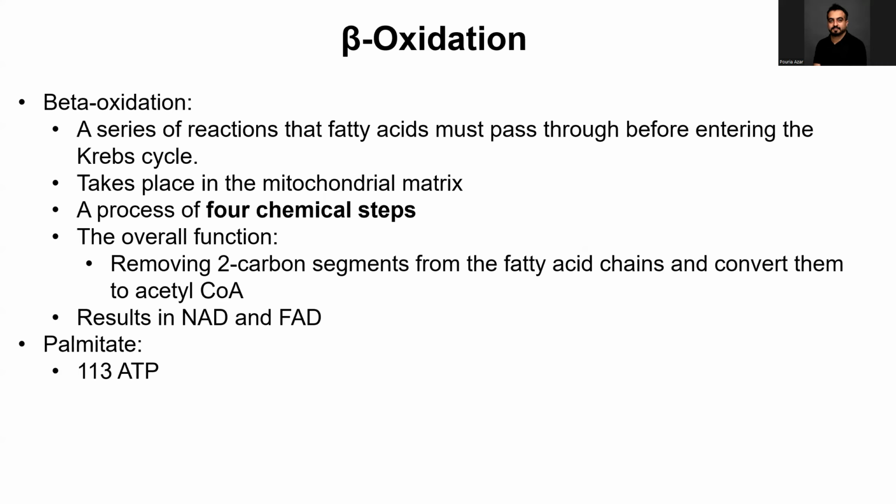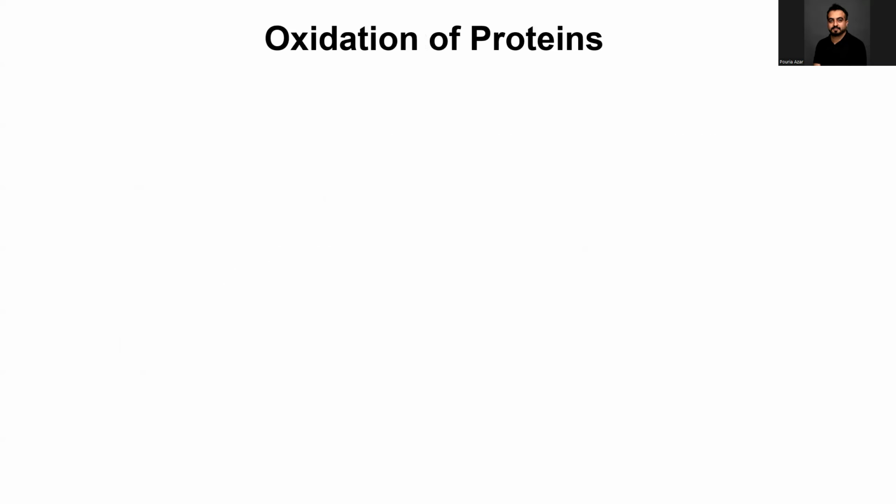So that's why we get so much energy from burning fats. It's 9 kilocalories per gram of fat. That's one of the main reasons, because they contain more carbon atoms than proteins and carbohydrates. And here, palmitate produces 113 ATP.